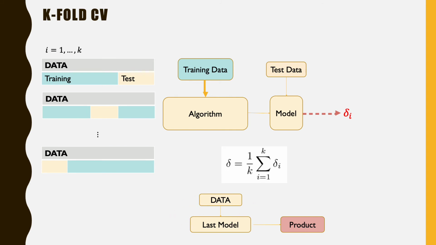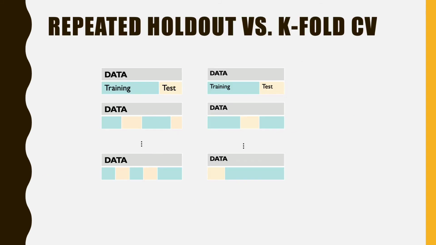Okay, let us go over the k-fold cross-validation schema one more time. It may be a better idea to see two different cross-validation methods on one slide. The left one is the repeated holdout, and the right one is for k-fold.